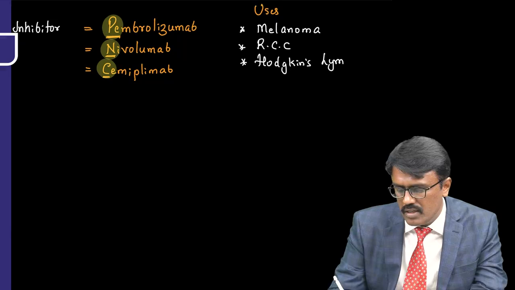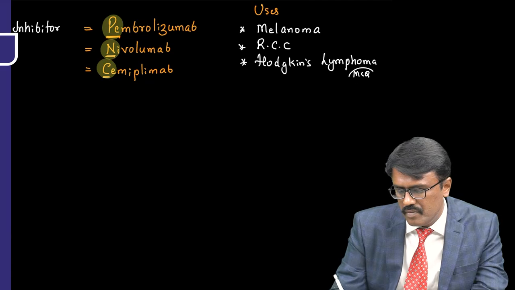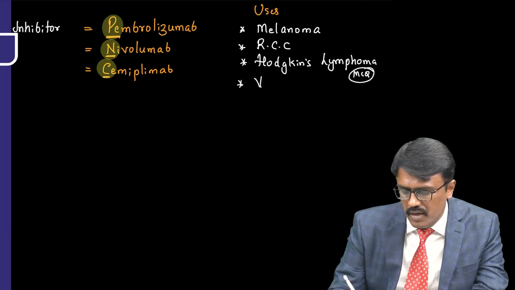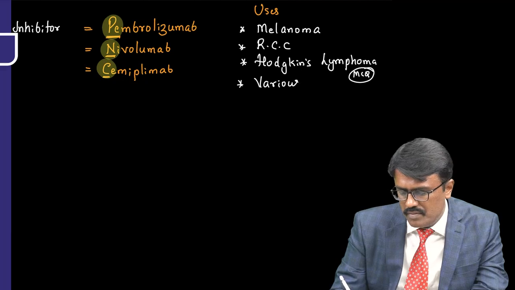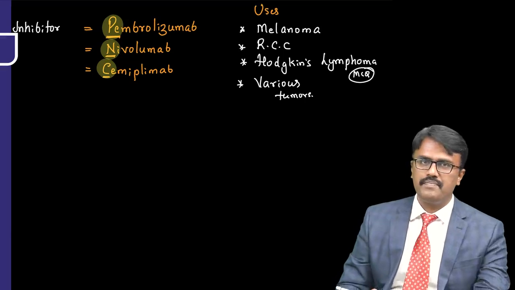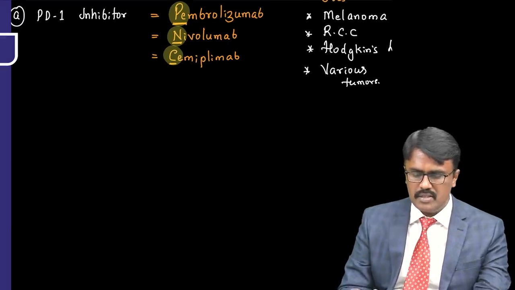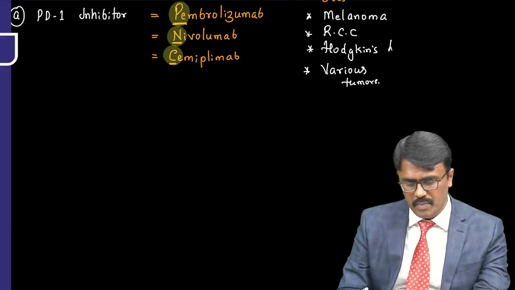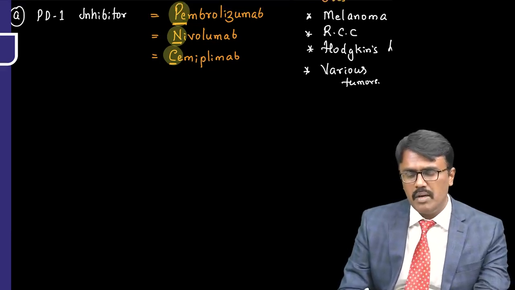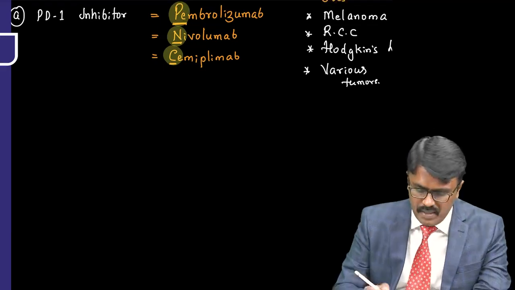They had asked this question recently. This came as an MCQ. And they are used in various other tumors. So there are around 18 uses, not required. Remember the PENCIL drugs, P for pembrolizumab, N for nivolumab, C for cemiplimab.